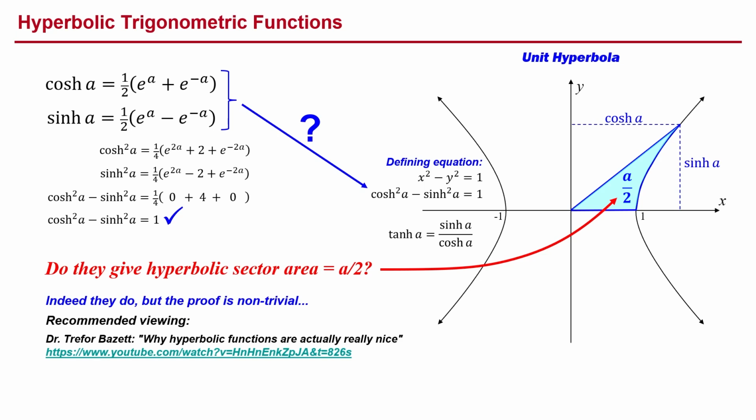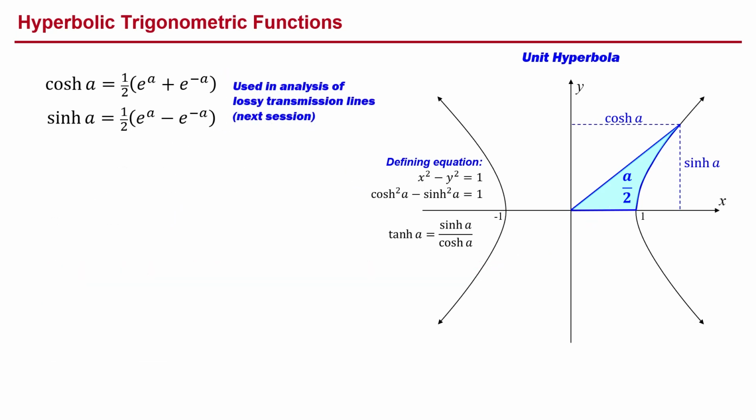I highly recommend that you watch the video by Dr. Trefor Bazett, Why Hyperbolic Functions Are Actually Really Nice. I have provided the link in the video description below, and I have also provided it as a card that you can click on above. Hyperbolic trig functions are used in the analysis of lossy transmission lines, which we will discuss in the next session.